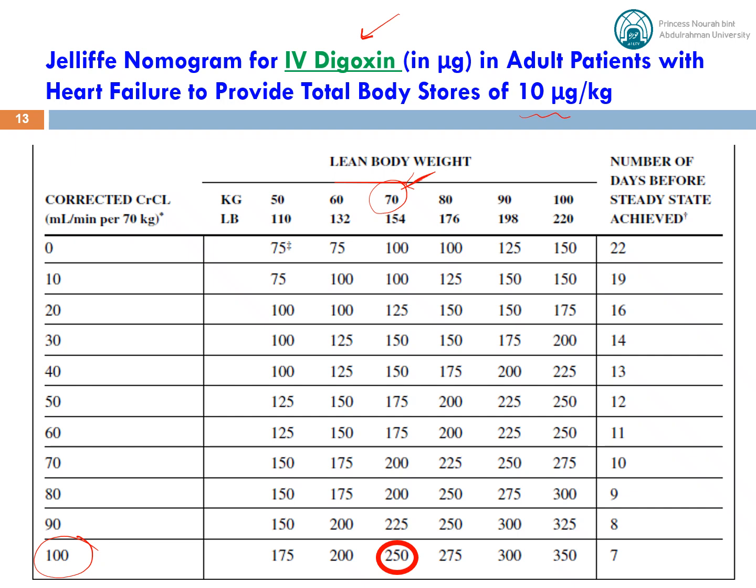His body weight is 70 kilograms, so the appropriate dose will be, and it has been mentioned that the serum creatinine has been stable over the last 5 days, the dose will be around 250 microgram intravenous dose.